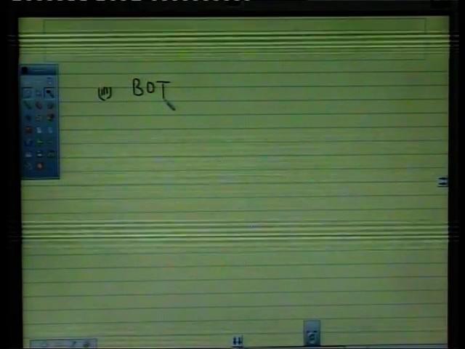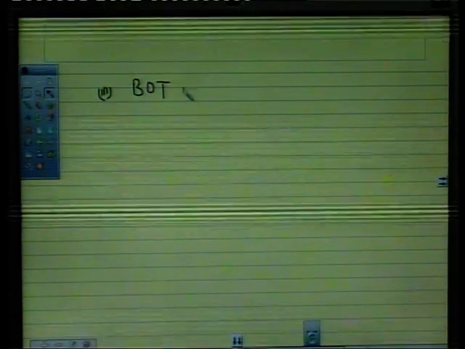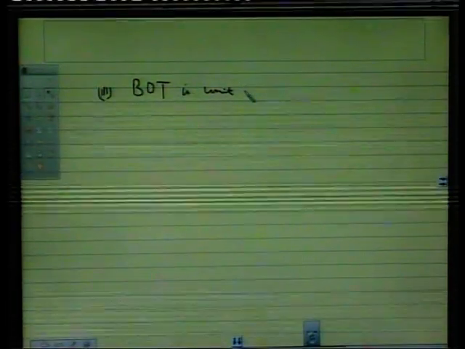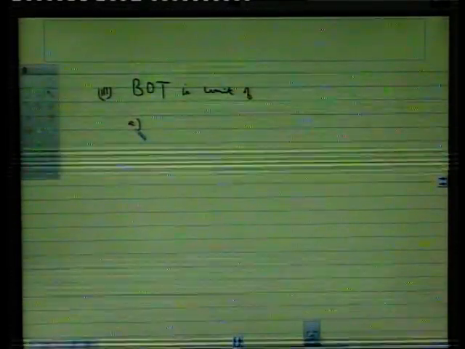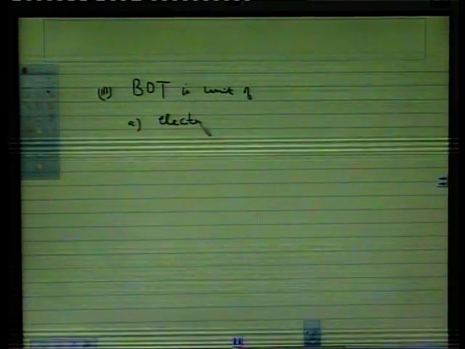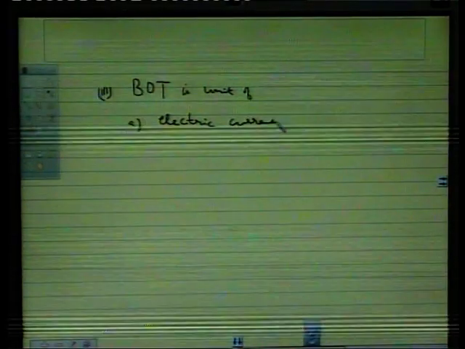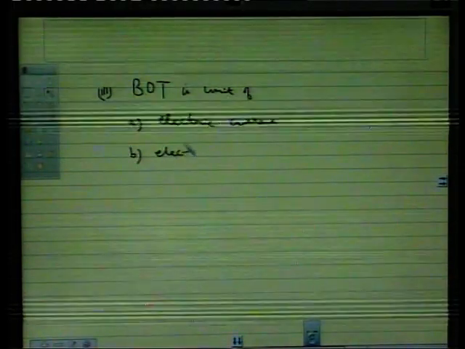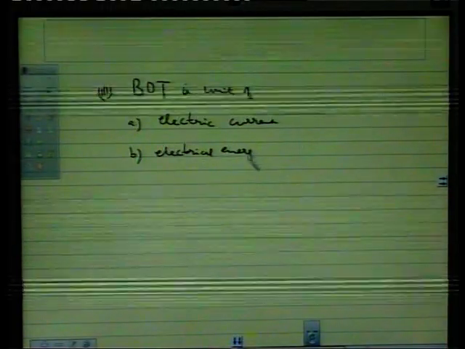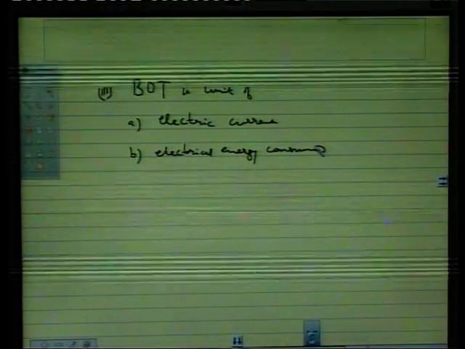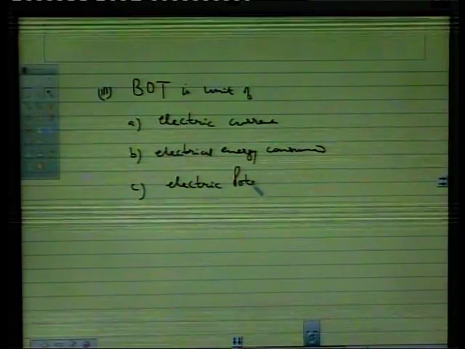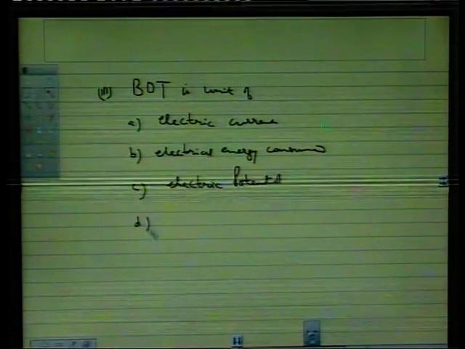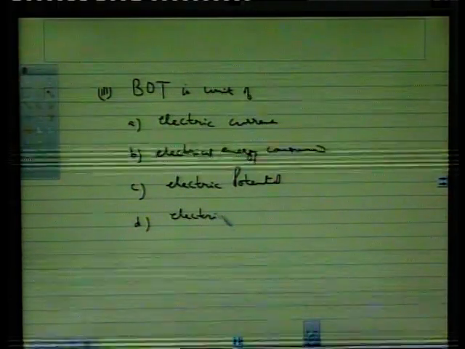Third question is, BOT, Board of Trade, is unit of A electric current, B electric energy consumed, C electric potential, and D electric power.